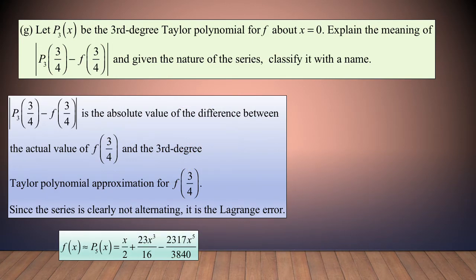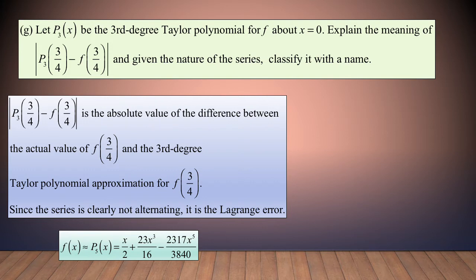The expression looks scary, but it is quite simple. The absolute value of P3 of 3/4 minus f of 3/4 is the absolute value of the difference between the actual value of f of 3/4 and the third degree Taylor polynomial approximation for f of 3/4.